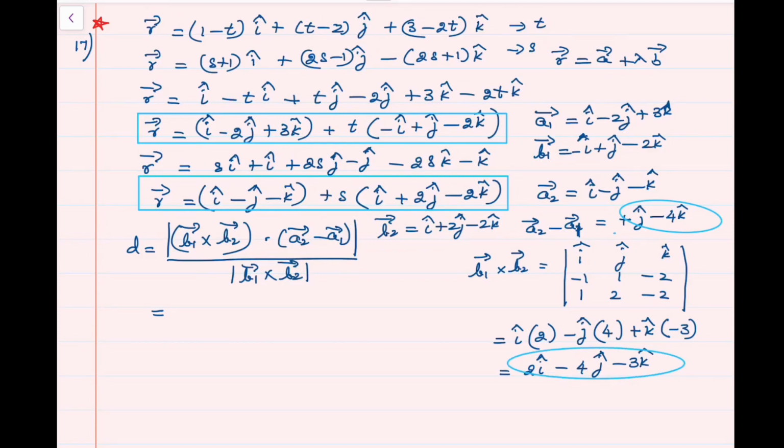Let us multiply the corresponding components: i component is 0, minus 4 plus 12, under absolute value sign, divided by root of magnitude, which is 4 plus 16 plus 9, which is equal to 8 divided by root 29 units.